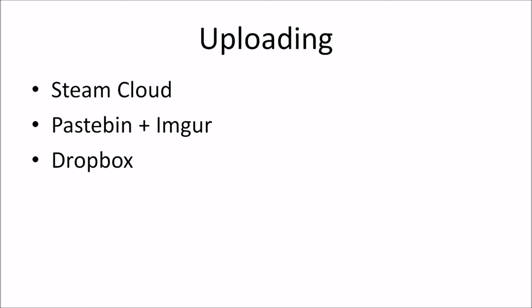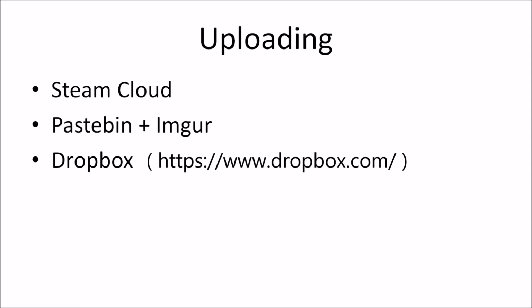However, if you're dealing with lots of different models, then this may not be the quickest way of doing it. Another way, which is even slower, but some still use this, is to use these services called Pastebin and Imager. They are public, you don't have to register for them or anything.